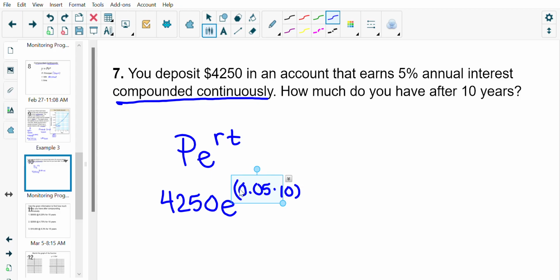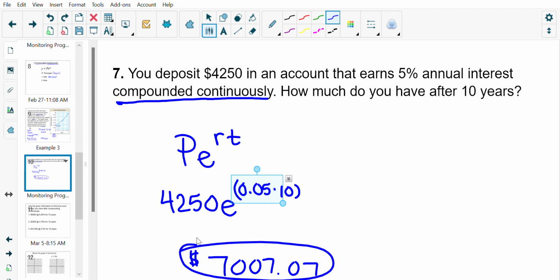Make sure when you type that, that whole thing is up in the exponent. And then when I type that in, I get $7,007.07. So after a continuous growth, after 10 years, I have just over $7,000.